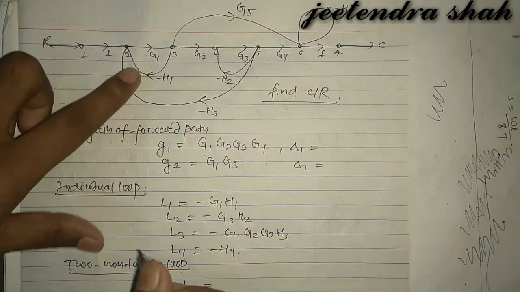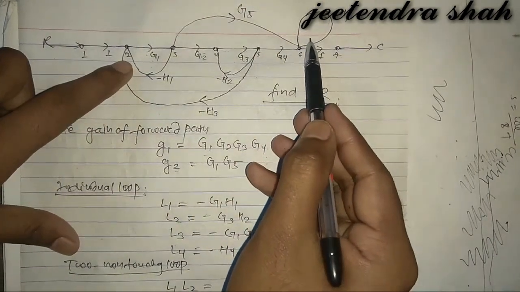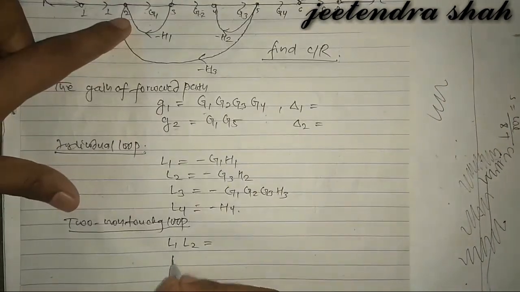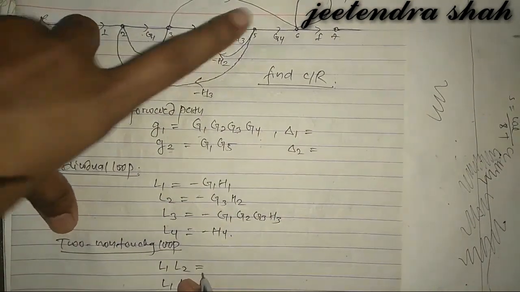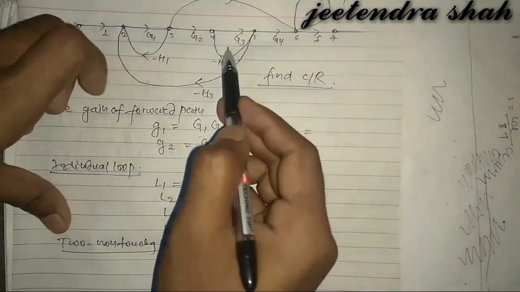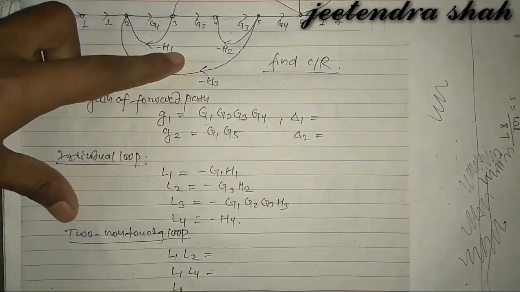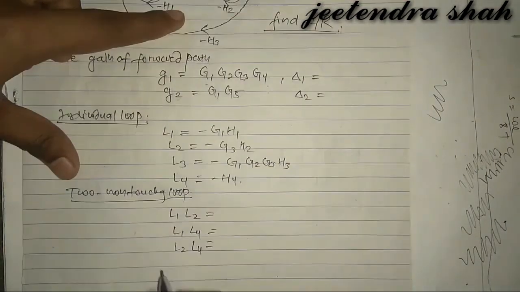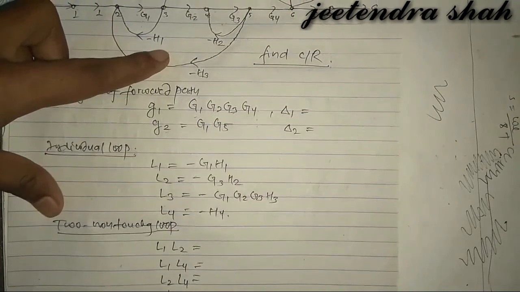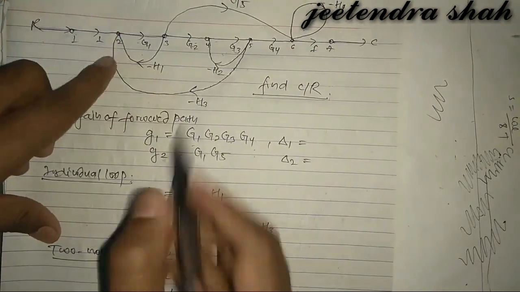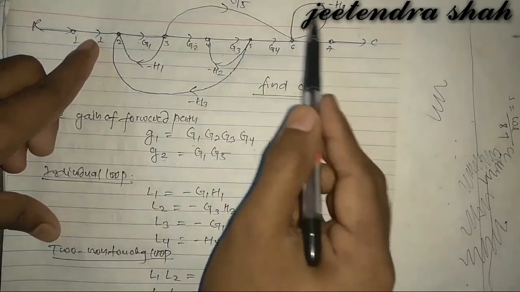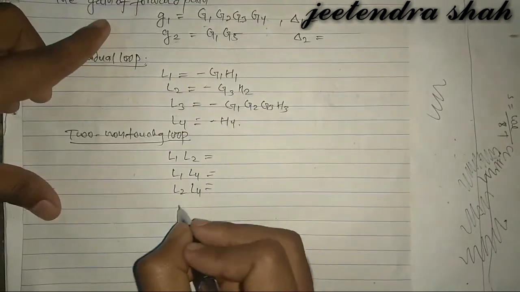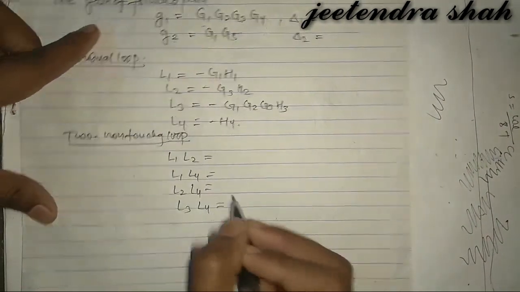Similarly, L1 and L4 are non-touching, and L2 and L4 are non-touching. Again, for L3, since we have the complete loop here, G1, G2 and this loop are non-touching, so L3 and L4 are non-touching.